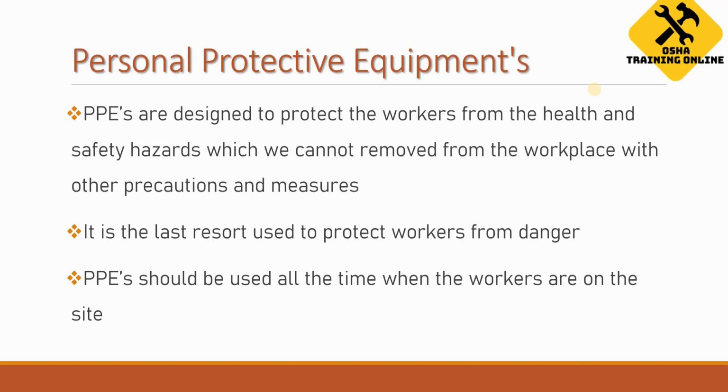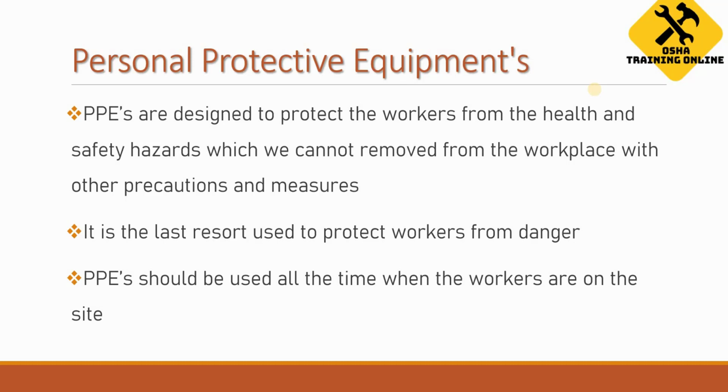We use PPE because there are some hazards in the workplace which cannot be removed with other precautions. What are other precautions? For example, in policy, we have discussed that we will not do this thing, we will do that thing. In training, for example, we may have lapses. For example, we don't have very good supervision.